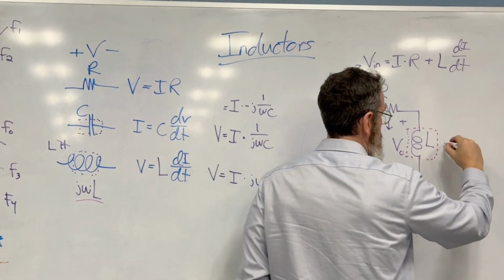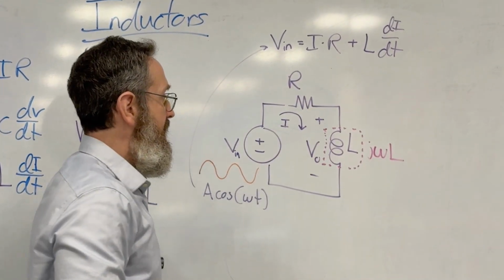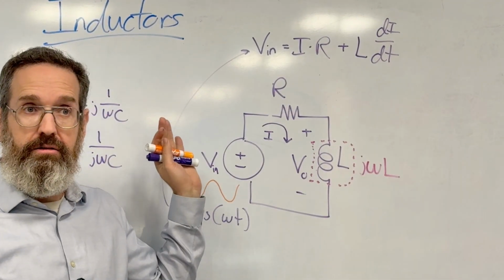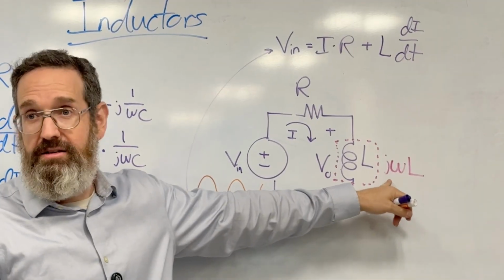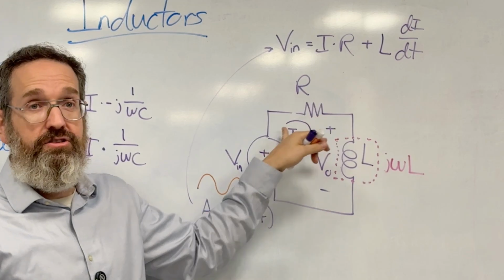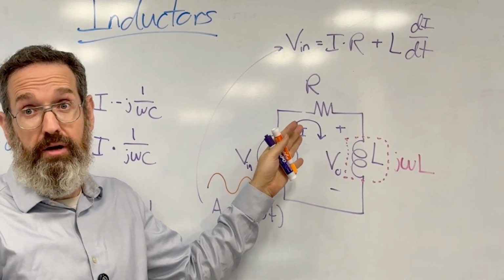So we replace that with a resistor with a value of jωL. Well, now it's just a voltage divider, right? There's a resistor here. Sure, it has an imaginary value with it, but it's a resistor. And there's a resistor here, and there's an input here. And we know how to do voltage dividers, hopefully at this point, right?